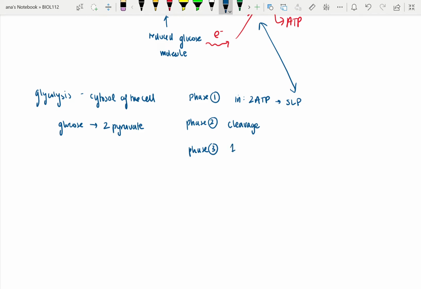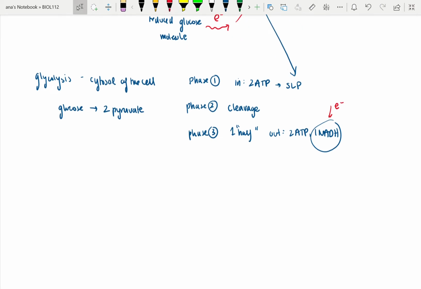For one half of the glucose, we're going to get 2 ATP and 1 NADH. NADH here is what now has electrons on it. ATP is our main form of energy, but NADH also has energy in it in the form of electrons. It's very reduced, so that's something that'll pay off later when we talk about oxidative phosphorylation.